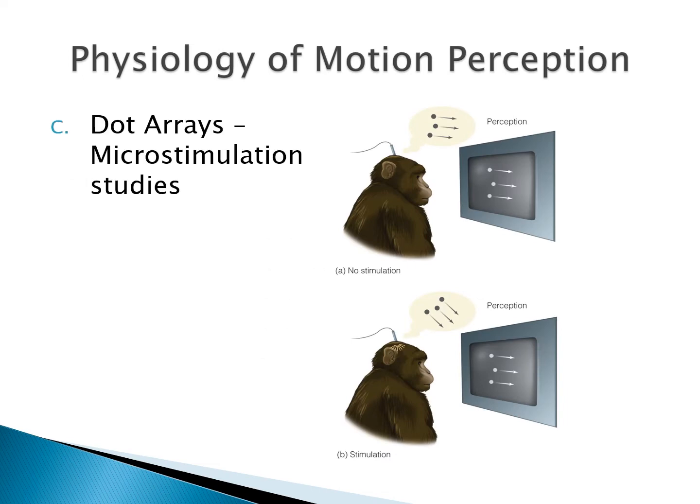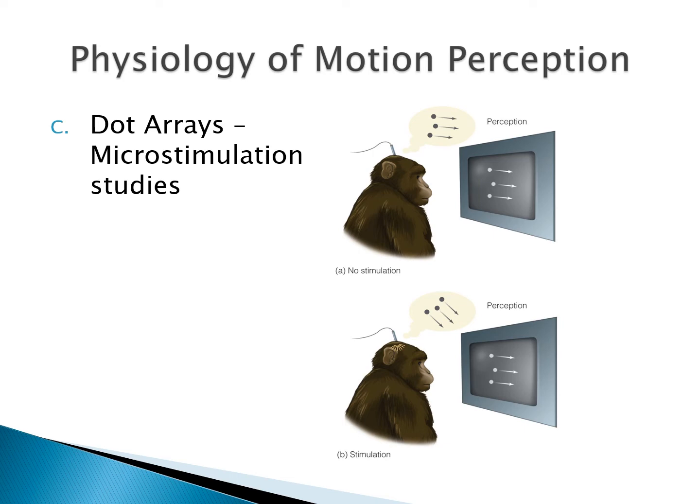They've also conducted research with monkeys looking at dot arrays, where they've done microstimulation of particular cells in the middle temporal cortex. If the monkey is looking at dots moving to the right, as in the picture, with no stimulation going on, the monkey perceives the dots moving to the right.